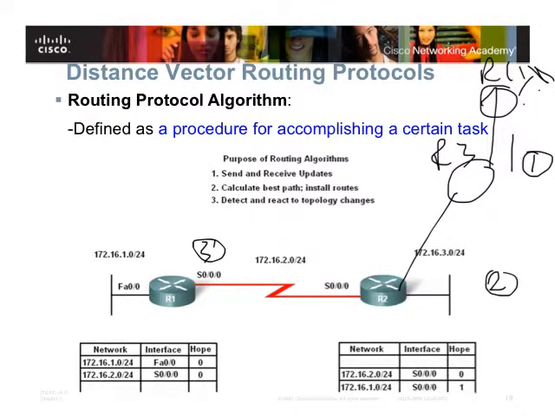Okay? So the algorithm, what it does is that when it receives these route updates, it has to check all the routes in the route update and compare them with the ones that already exist in the routing table. Because if the network is large, it becomes a little bit tricky, as you may go through different routes to the same destination.